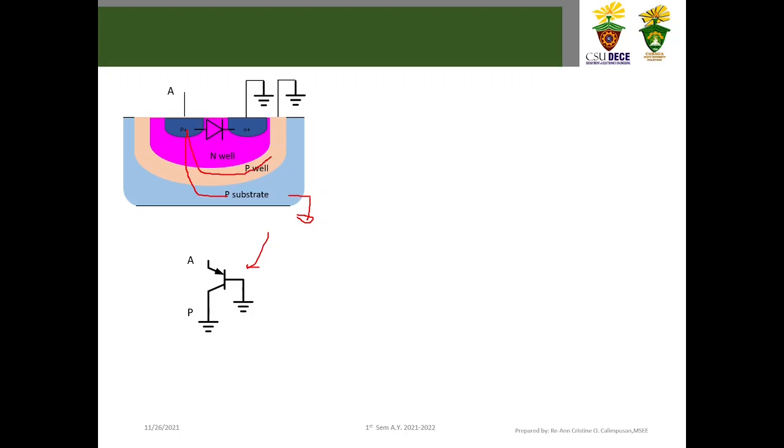The advantage of adding the P well is that there is no more substrate current reaching the substrate, and this would entail being safer for other circuits connected to our substrate.